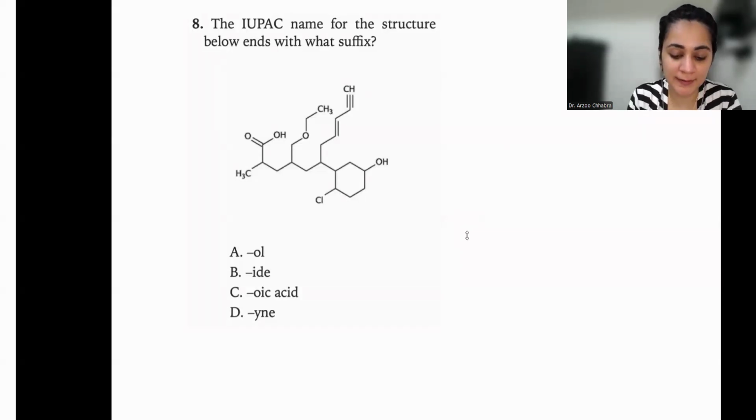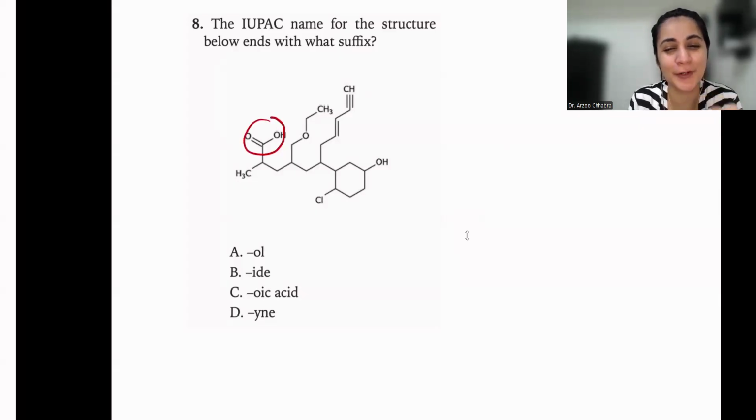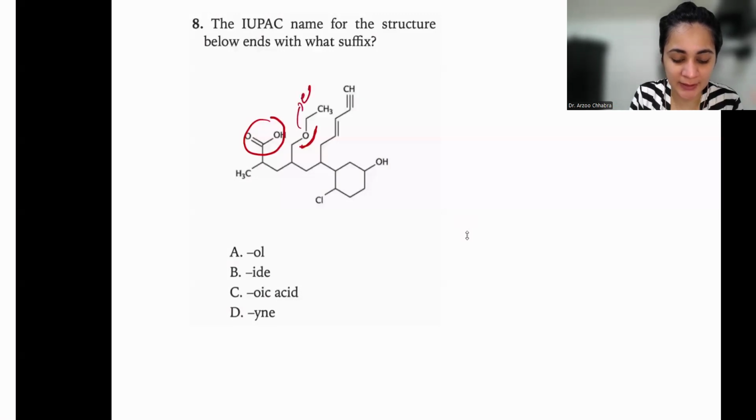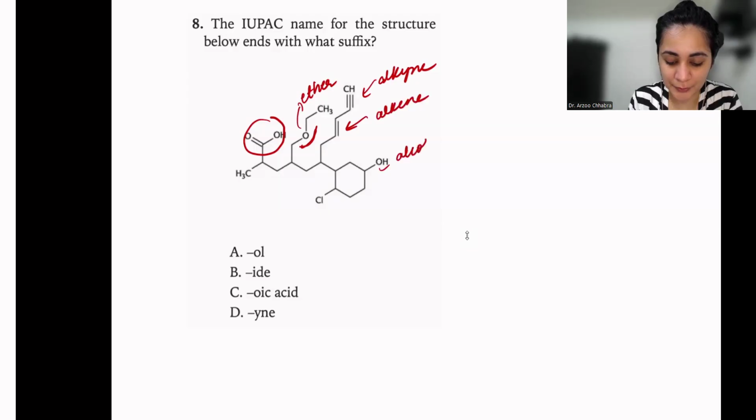Now if you think about it, this is a carboxylic acid. Carboxylic acid is the topmost priority on the priority list of functional groups. This is more like an ether, then an alkyne functional group, alkene functional group, alcohol functional group, chloro functional group.